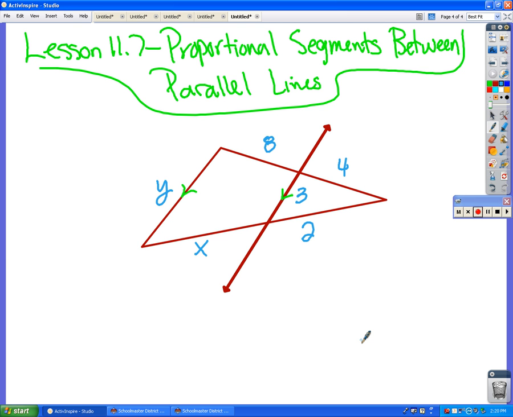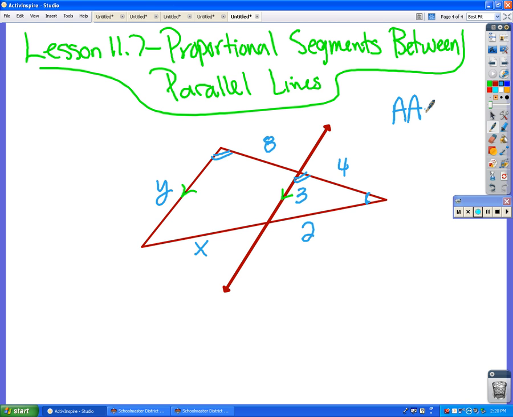This angle right here is obviously congruent to itself in both triangles. And since these lines are parallel, this angle right here corresponds with that angle right there, so they're congruent as well. So I have two angles in each triangle that are congruent to two angles in the other triangle. Therefore, the two triangles are similar.